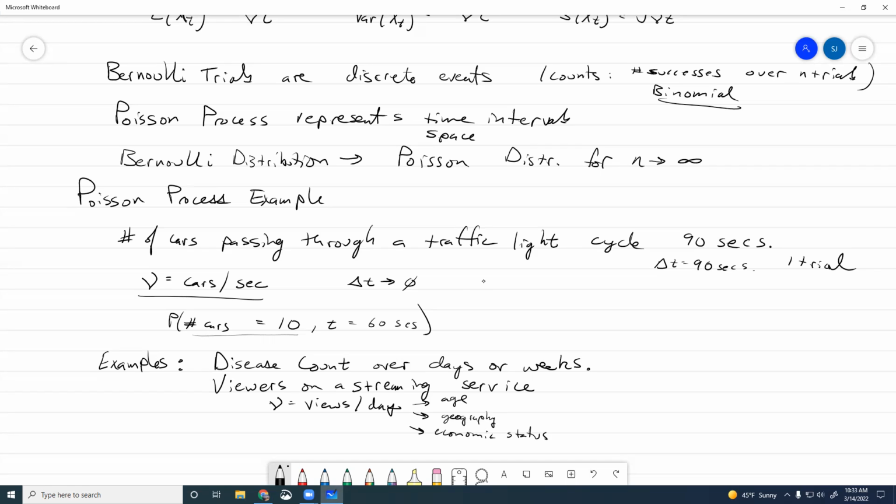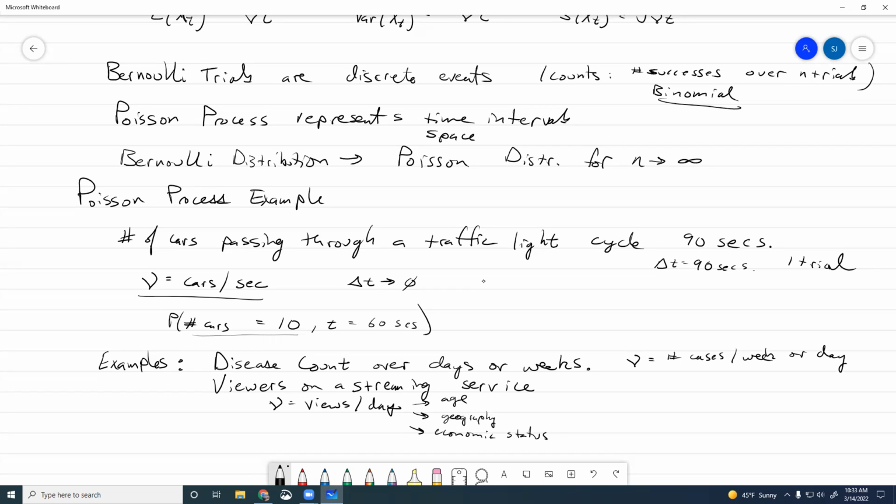Yeah, great. And then did you hear our example of disease counts? Like how many people get a certain disease or have a certain health condition happen over time? So mu in this case would be number of cases per week or day.